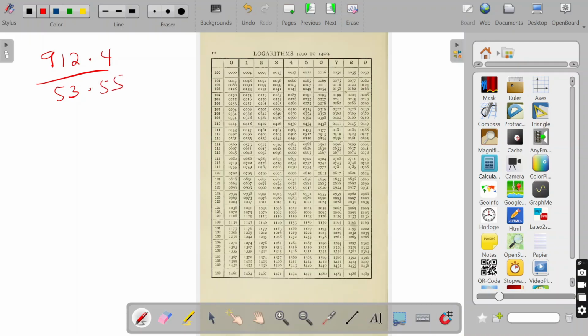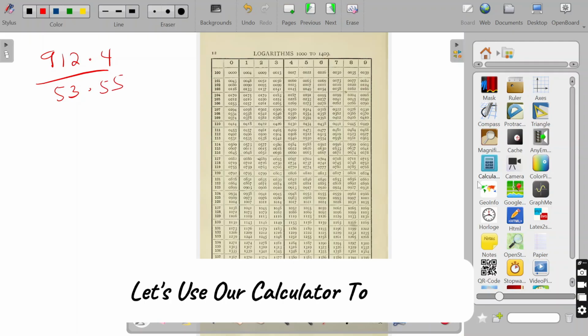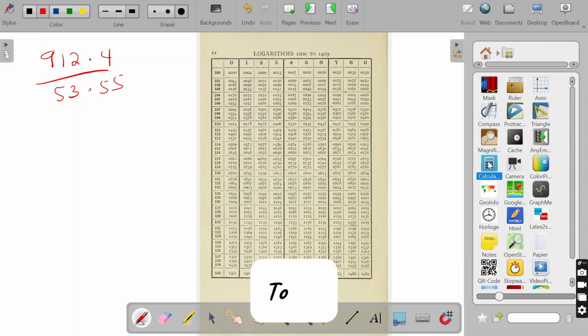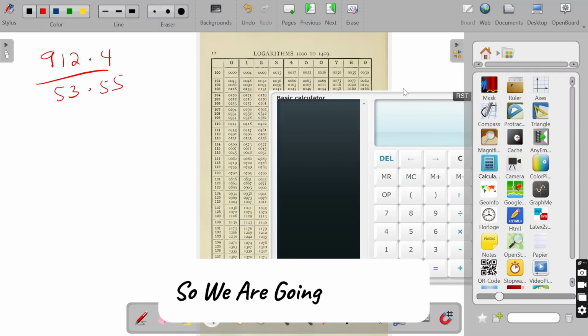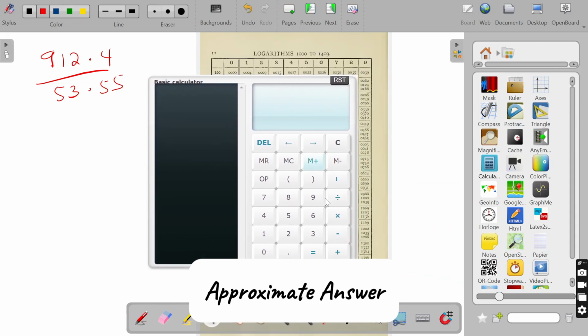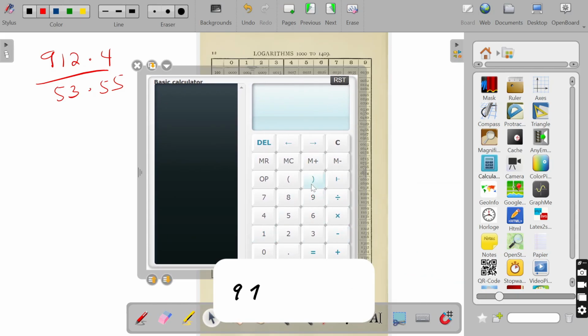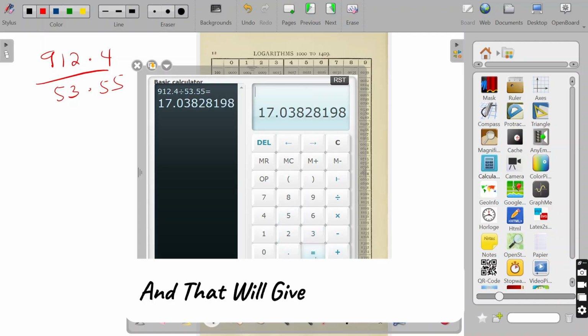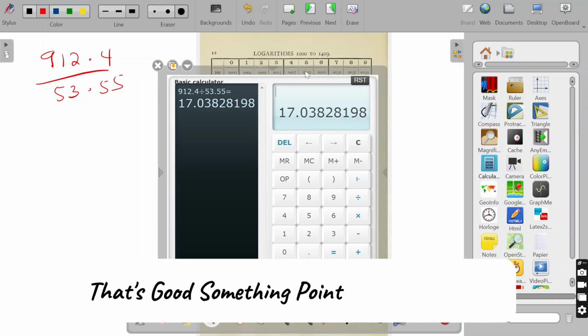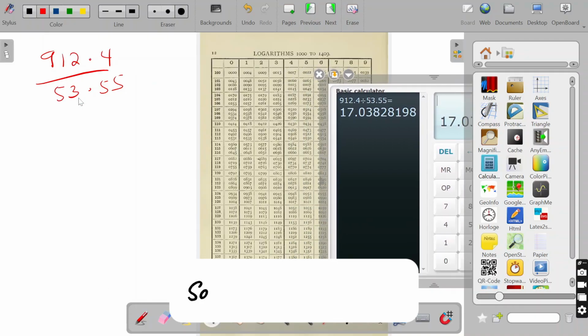So let's use our calculator to see what we are expected to get. We are going to get an approximate answer, but at least very close to it. 912.4 divided by 53.55 will give us 17.038. Okay, that's good. So let's start with this.